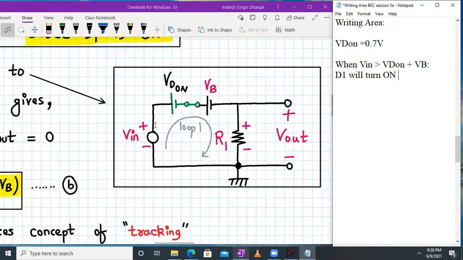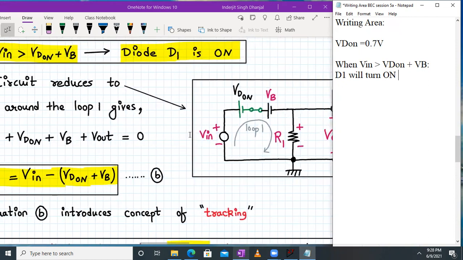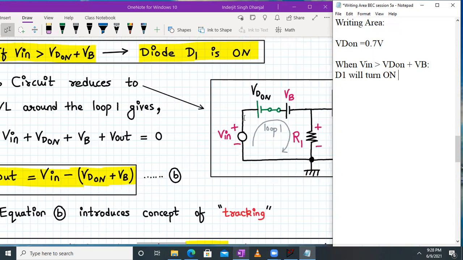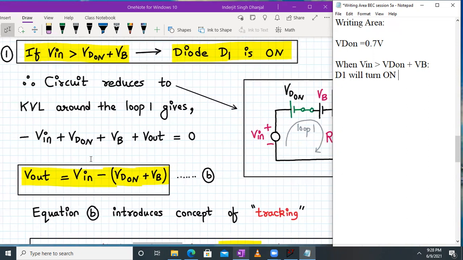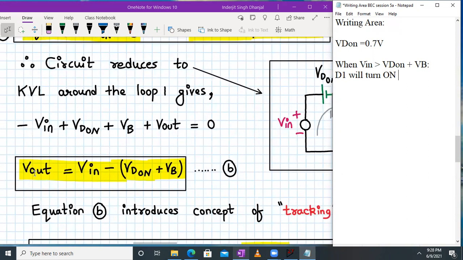If you apply KVL in this loop, you will get minus V in plus VD on plus VB plus V out equal to 0. So what will V out be equal to? V out will be equal to V in minus VD on plus VB. Let me write it over here: V out will be equal to V in minus VD on plus VB.